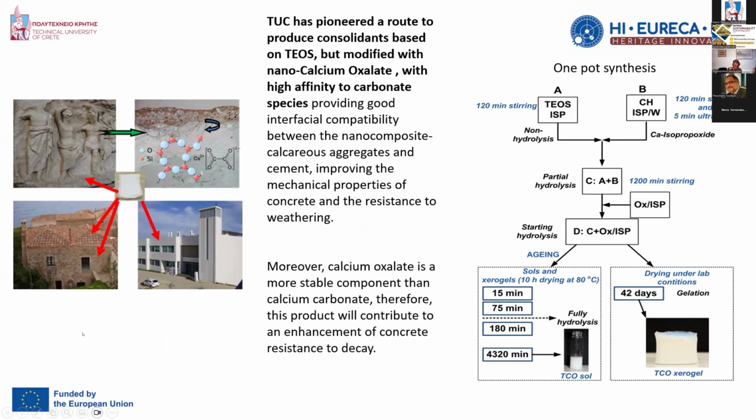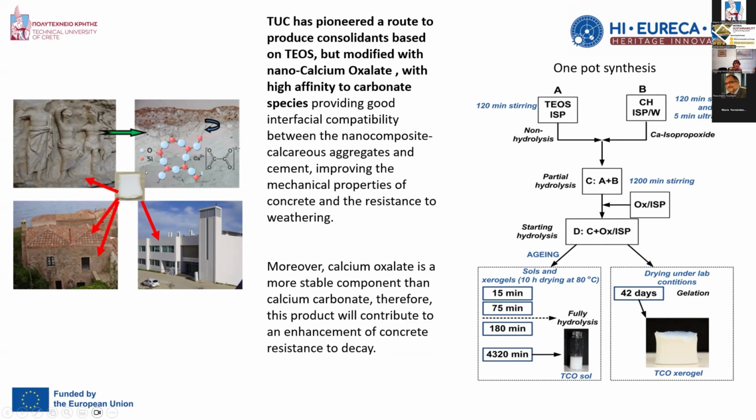And we were very curious about the stability of those layers and how those layers were able to protect the substrate of the monuments. Therefore, after a lot of analysis, we have found that this stable structure shows two main components.